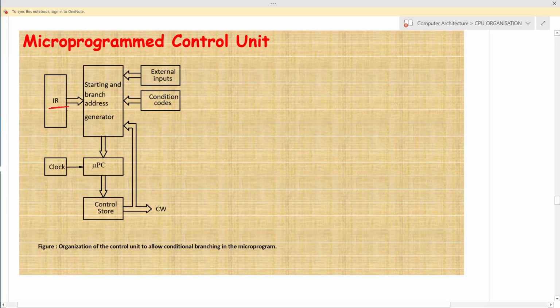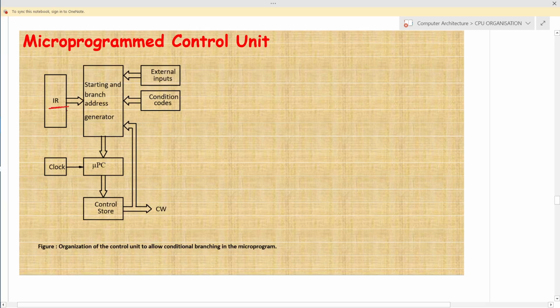So the starting address here is, let's say, 300, and the starting address for the next instruction is 400. For instruction 1 I have to provide the starting address as 300, and the micro PC will retrieve the corresponding control word from location 300. Once a particular control word is fetched, it increments the address and retrieves the next control word from 301, and so on, till it reaches 307.